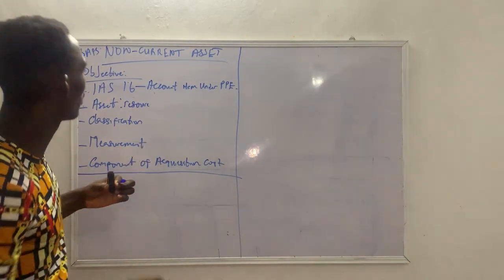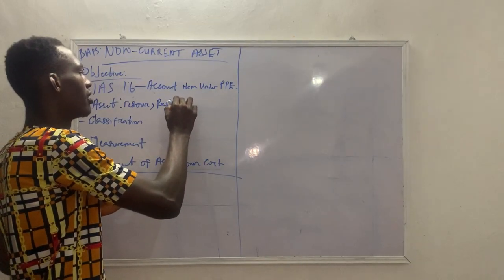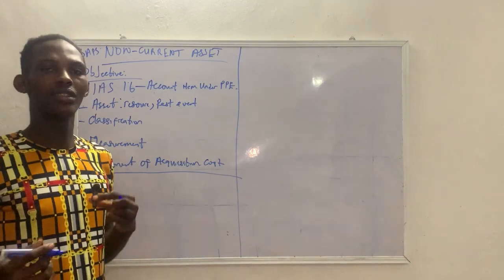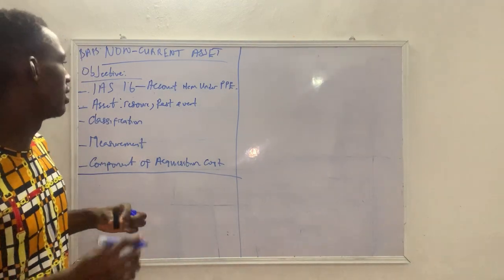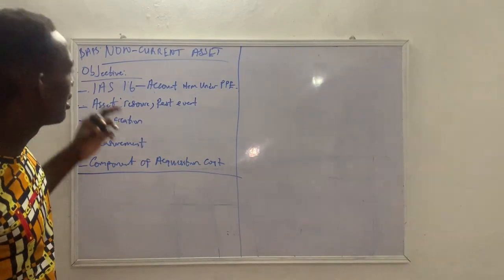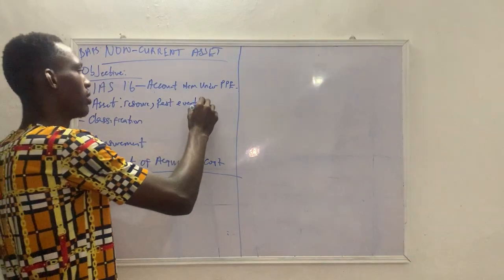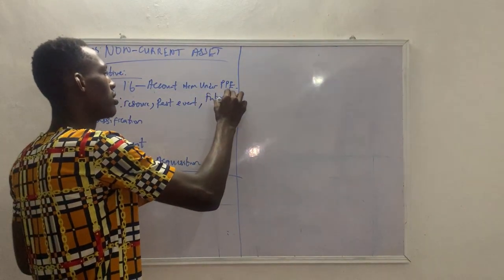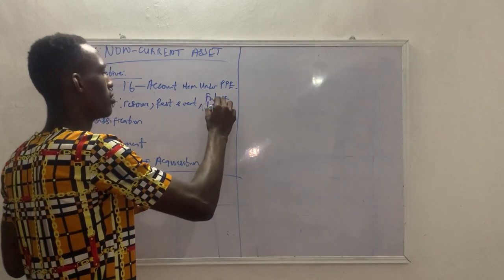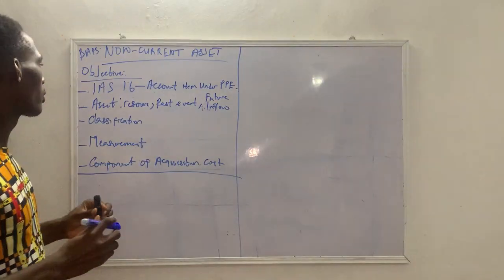So you can say it is a resource as a result of past events of which future benefit will flow into the entity or the business or the organization. That's just the simple definition of an asset. The keyword: resource as a result of past events, then future cash, or let's just say future inflow is expected into the organization.